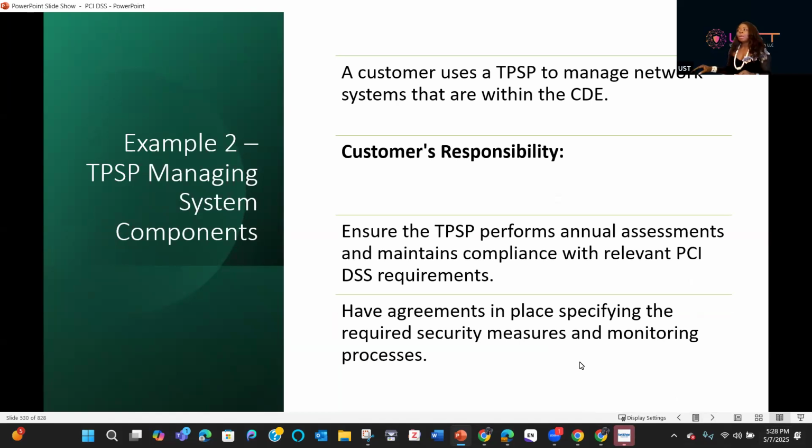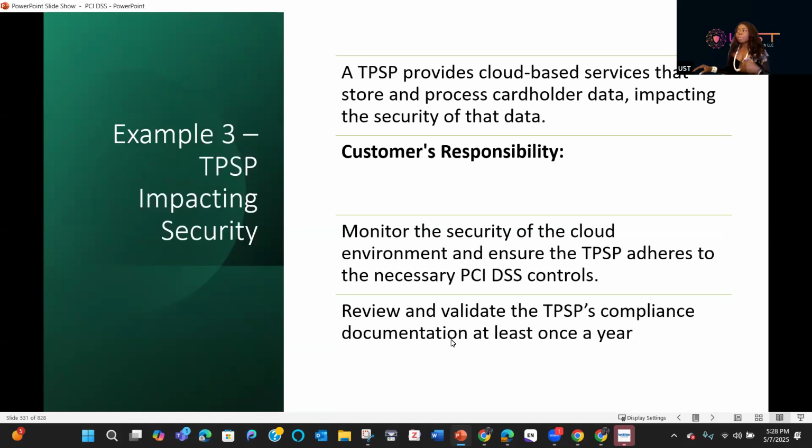Okay. A customer uses a third-party vendor to manage network systems that are also within the scope. But what would the customer do at this point? First, the customer wants to ensure that the third-party vendors perform annual assessments and maintain compliance with relevant PCI DSS requirements, and have an agreement in place specifying the required security measures as well as monitoring processes.